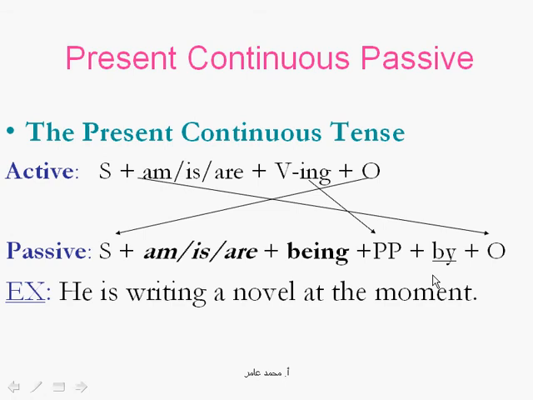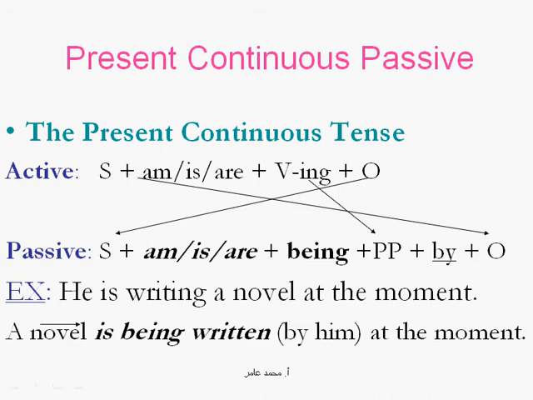Let's have an example. He is writing a novel at the moment. Here the tense is present continuous. When we change it into passive, we start with the object, a novel, and then we have verb to be: am or is or are.